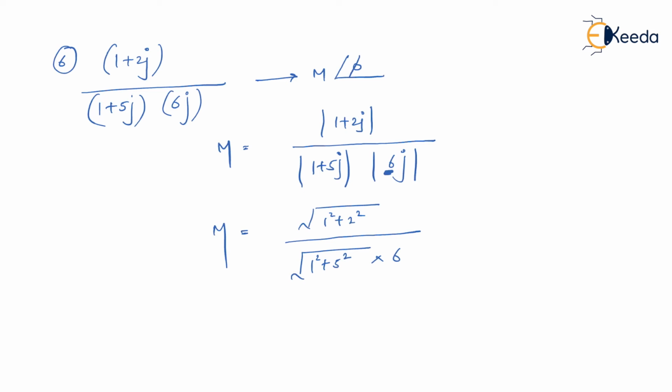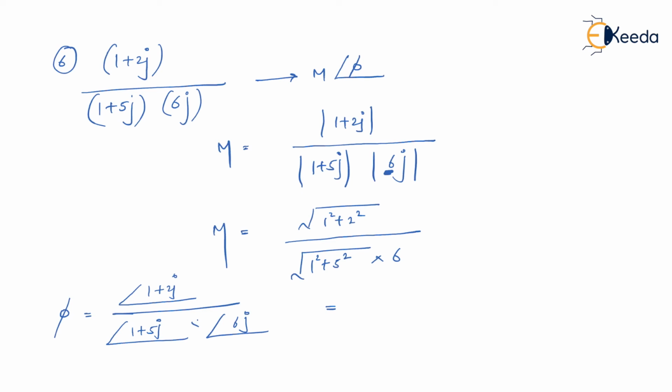And finally, if I want to calculate the phase, on similar grounds we will do it. So the phase will be the phase angle of the numerator as well as the phase angle of the denominator. Further, I can write, you know that when angles are divided they get subtracted, but when angles are multiplied, their respective angles get added.